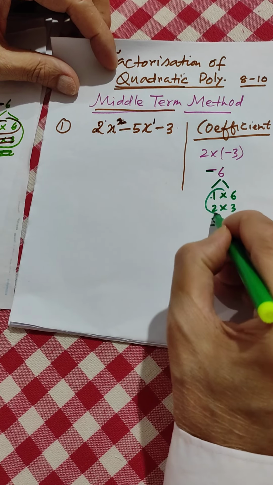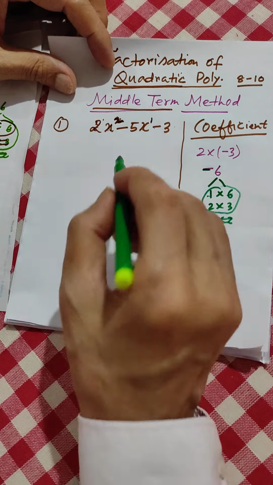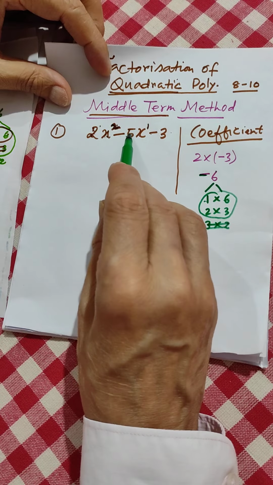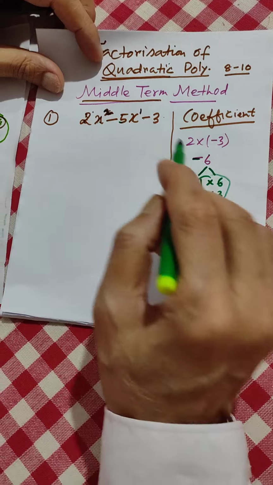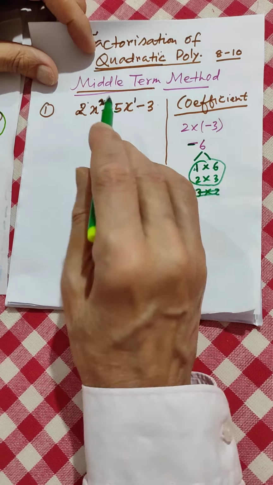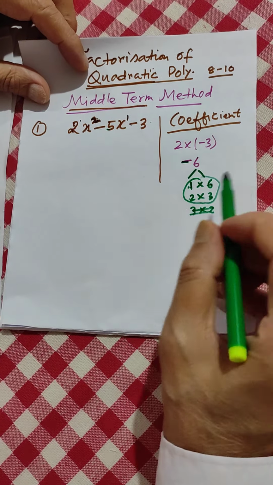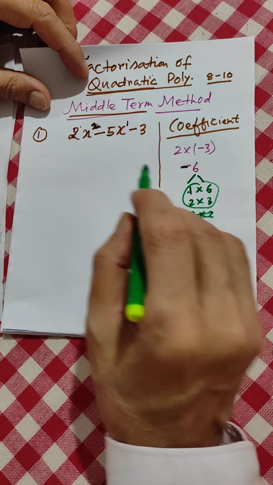So we have got these two pairs of factors, 1, 6 and 2, 3. Now this is 5. Now we have to split it into 6 and 1 or 3 and 2. In place of 5 we can write 6 minus 1, which is 5, or you can write 3 plus 2, 5. Now the question is whether you will write 3 plus 2 for 5 or 6 minus 1 for 5.